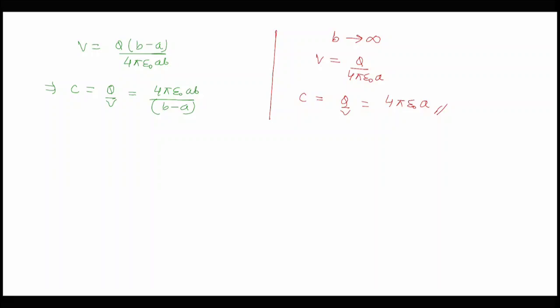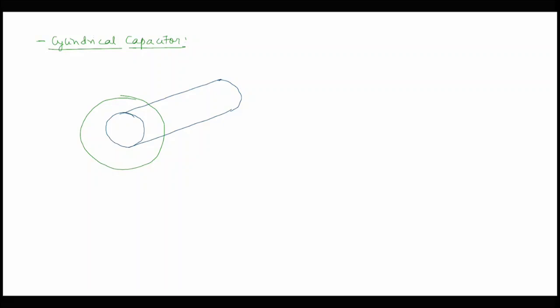So with this we come to the study of the cylindrical capacitor. Let us begin by understanding the cylindrical capacitor. So we are considering coaxial cylinders of radius A and B, such that B is greater than A. I am drawing it in this way: this is the inner cylinder having radius A, and then we have an outer portion of radius B, which we are drawing like this.